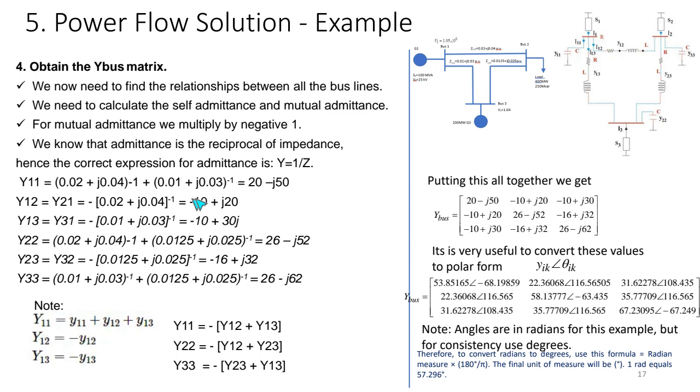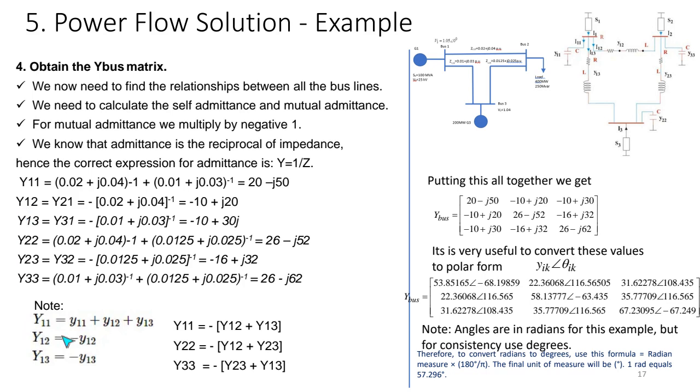The other thing you notice is that the values are given as impedance. Because they are given in impedance, we have to take the reciprocal, since the reciprocal of impedance equals admittance, and we have to write it in terms of admittance. That's why the exponent is minus 1, meaning we take the inverse of the impedance value to calculate the admittance value.